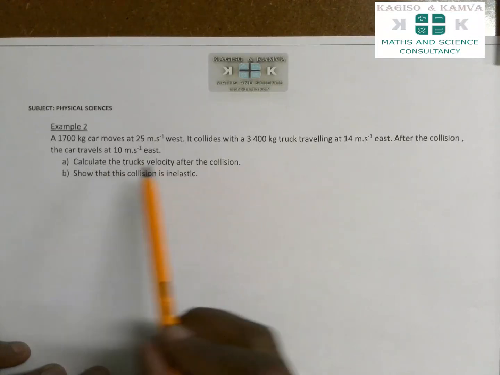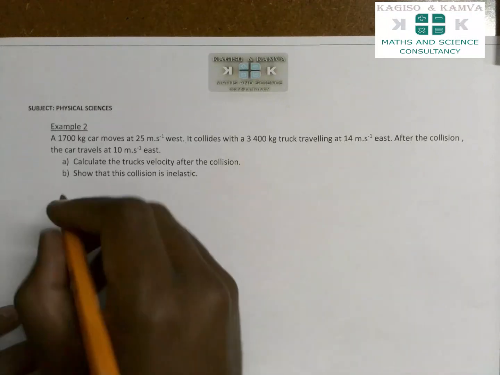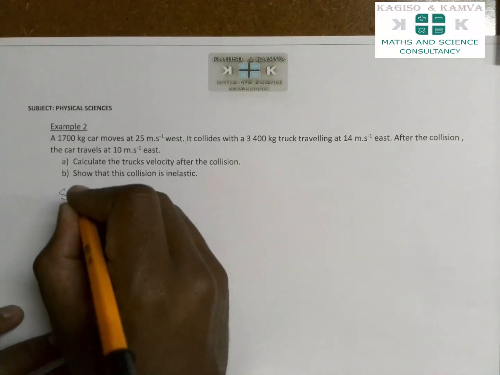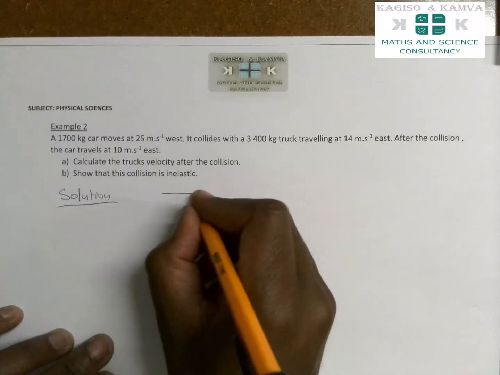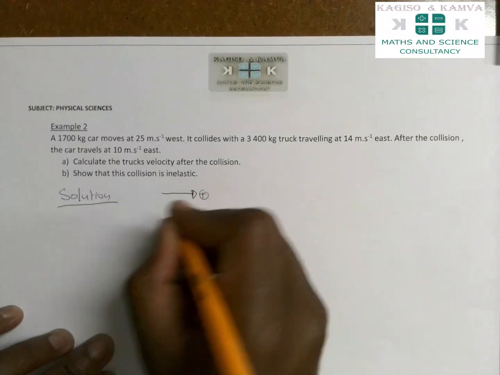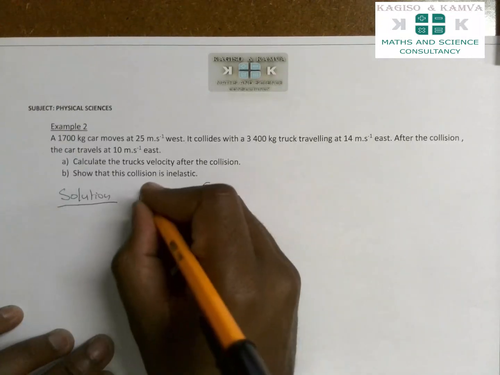Calculate the truck's velocity after the collision. So now we're supposed to find the final velocity of the truck. So I take that direction to be positive, that one to be negative. This one is east, that one is west.